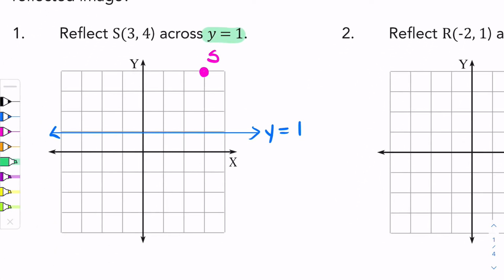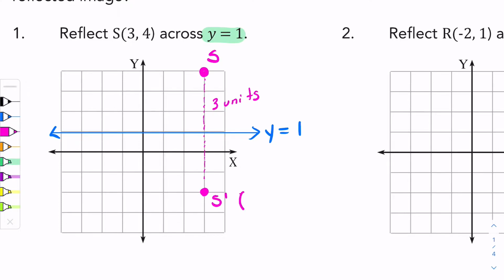In order to reflect, we need to just count the distance. So if point S is 3 units away from our line of reflection, then we're going to go 3 units in the other direction, and we're going to plot our image point, which is S prime. S prime is going to be our answer.